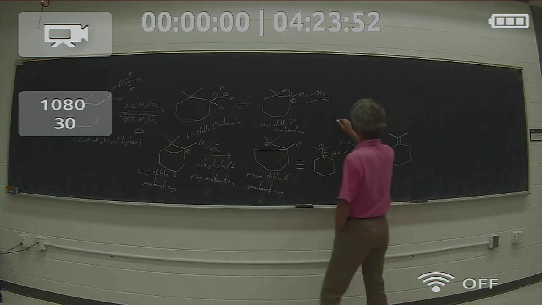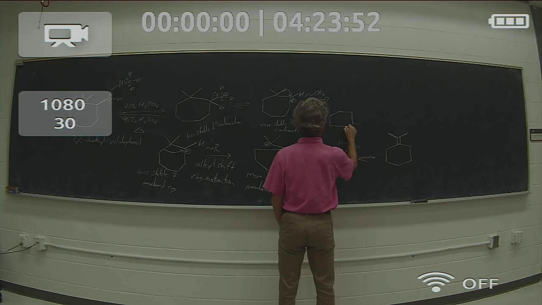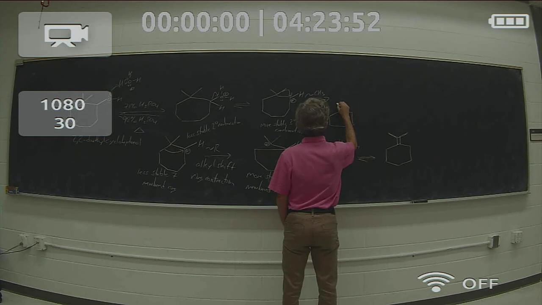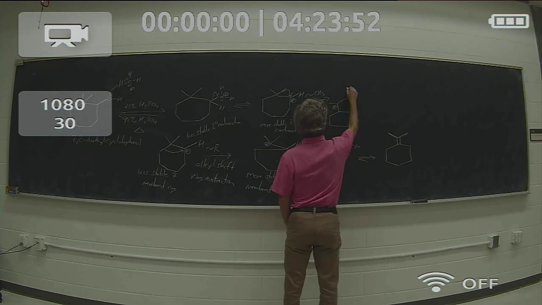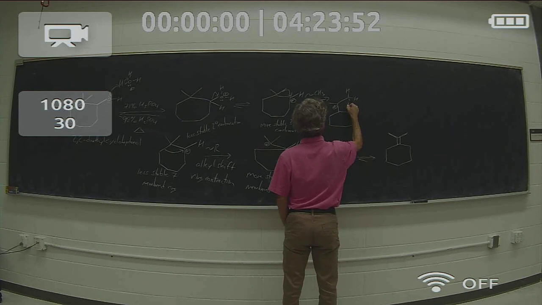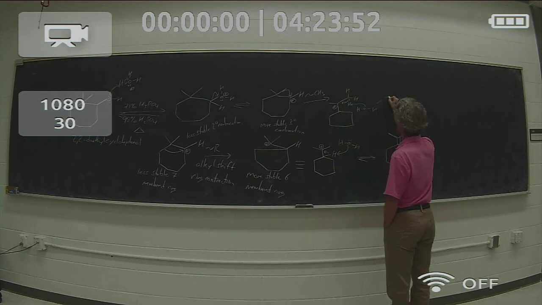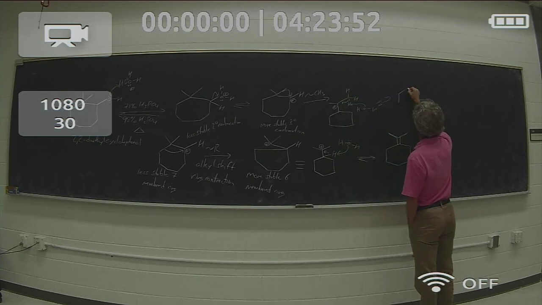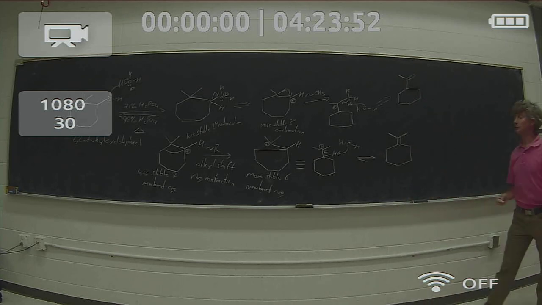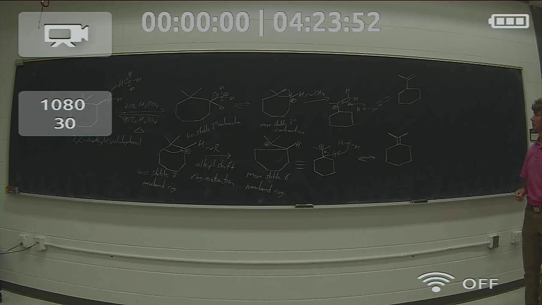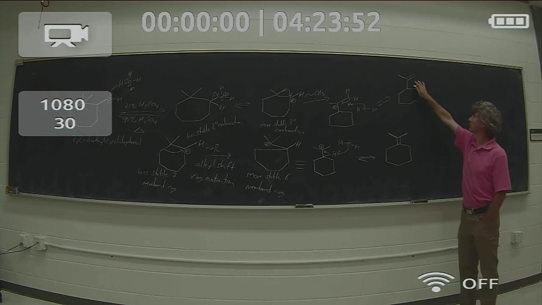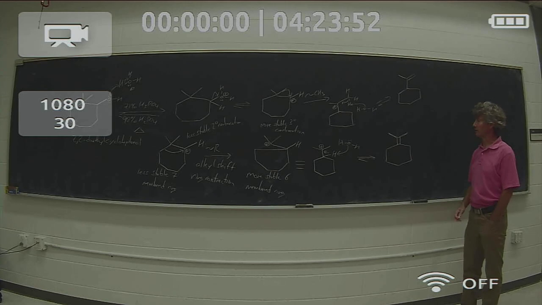We could eliminate from that same carbocation by removing one of the hydrogens from the methyl group. There are 6 identical hydrogens that could do that. That wouldn't be expected to be a very large contributor because it's a less stable disubstituted double bond as opposed to the tetrasubstituted double bond.